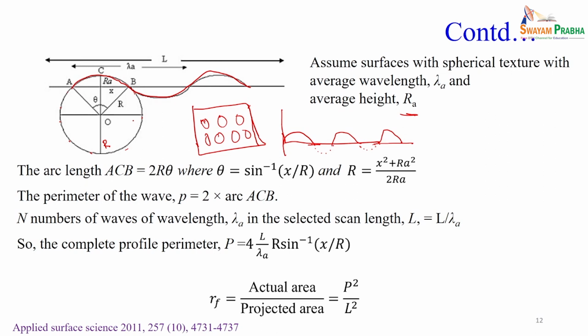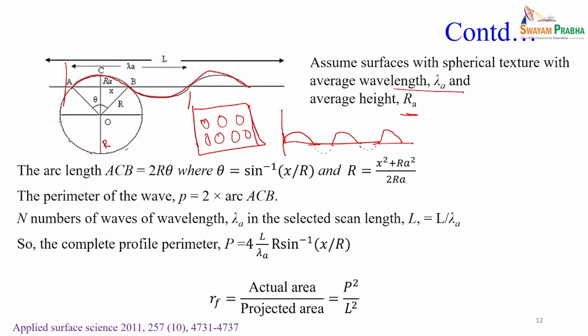Now, if you consider one wave, as we are considering the wavy profile, one wave average wavelength, also we are considering lambda from here to here, we are considering the value of lambda A. Now, once we have formed the sphere and this angle is the theta. So, theta is simply the length of arc upon the radius.